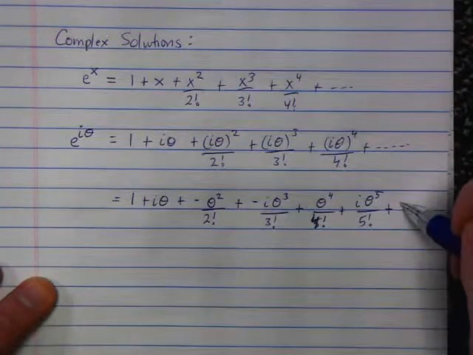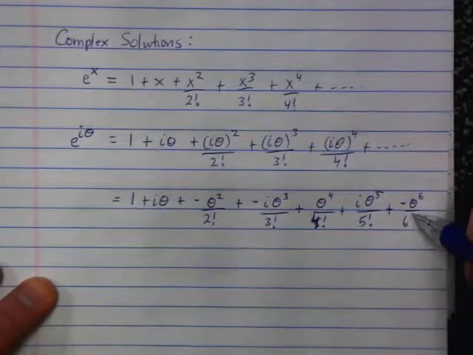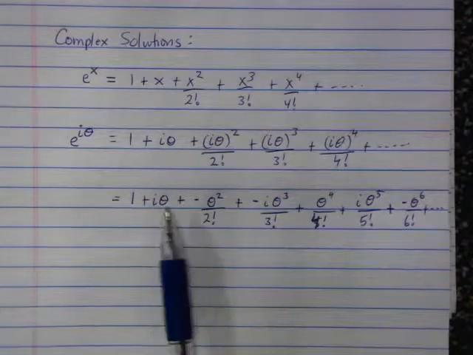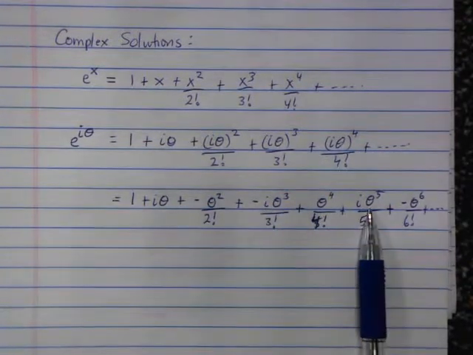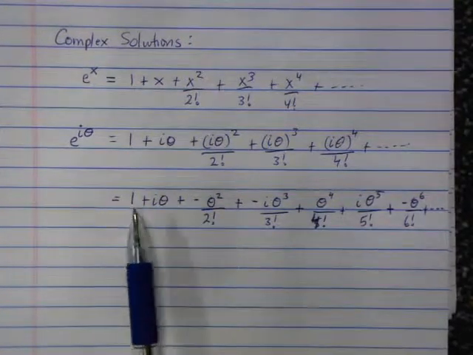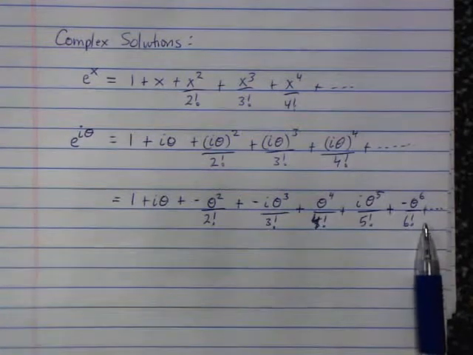So you get negative theta to the 6th over 6 factorial plus on and on and it goes forever. So notice what's happening. On every other one, we have an i. Starting with the first one, you have just a number, and then there's no i, and then there's no i, and then there's no i.